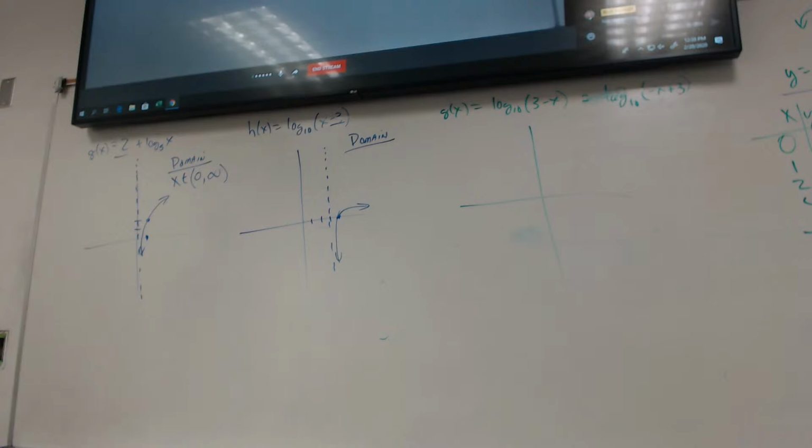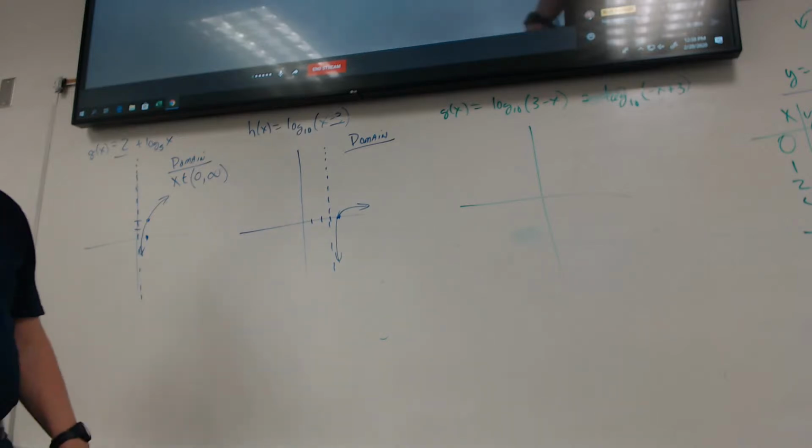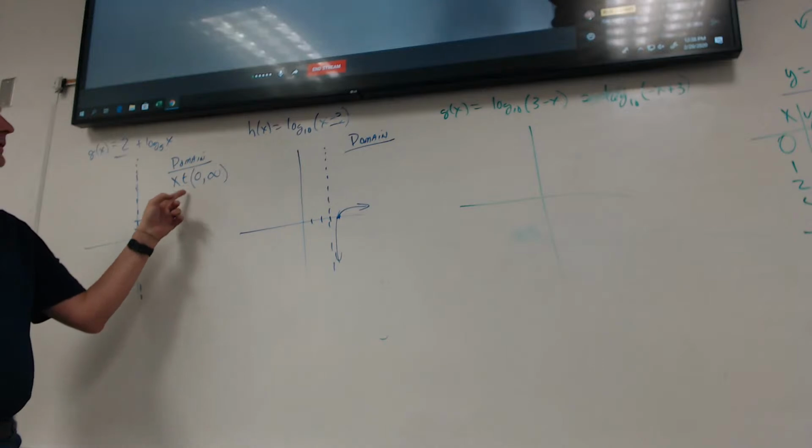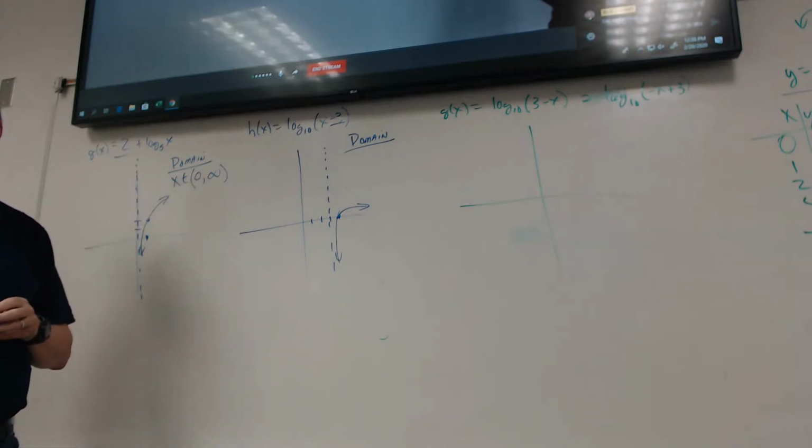Looking at the graph, the same thing, x is an element of 0 to infinity?